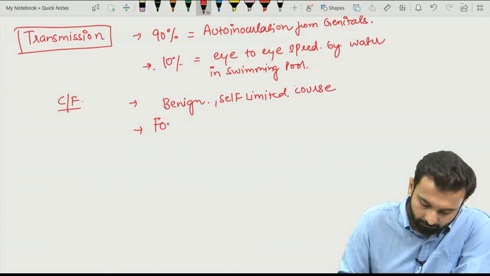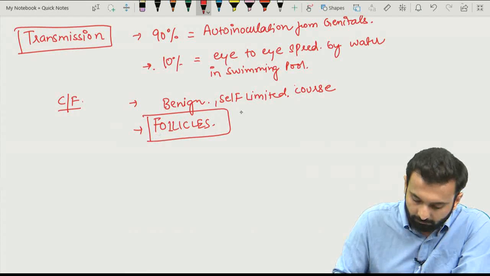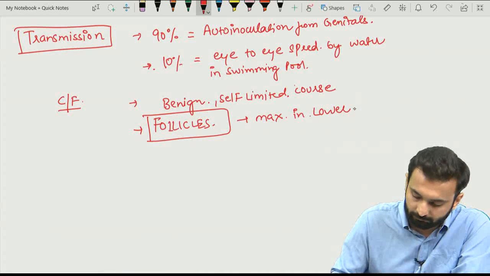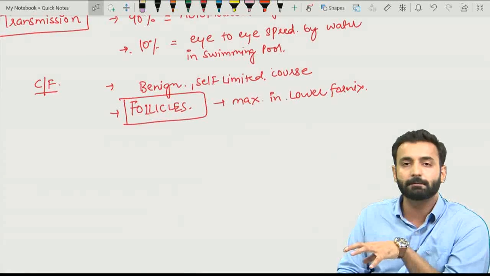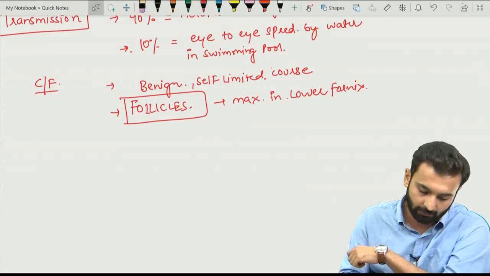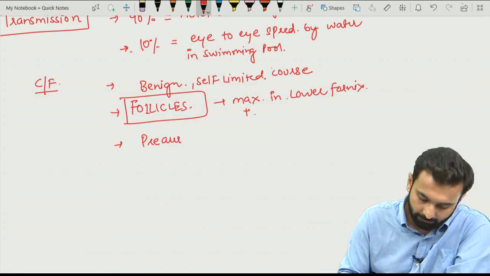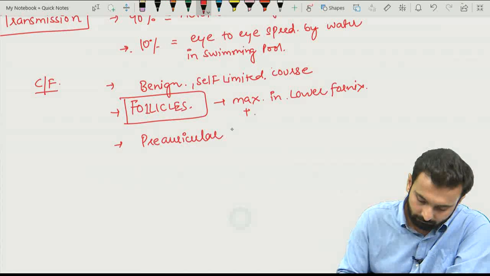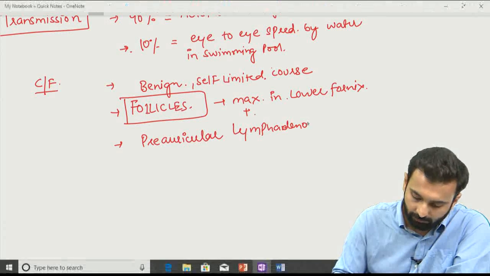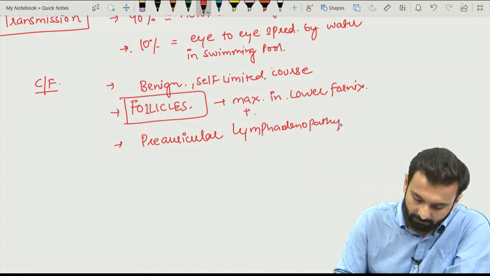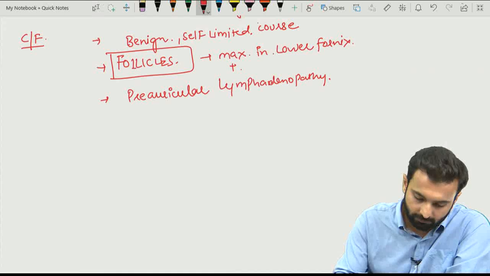And there is presence of follicles which are maximally concentrated in the lower fornix, not in the upper fornix. Along with follicles, pre-auricular lymphadenopathy is also seen. So this is about the clinical features.